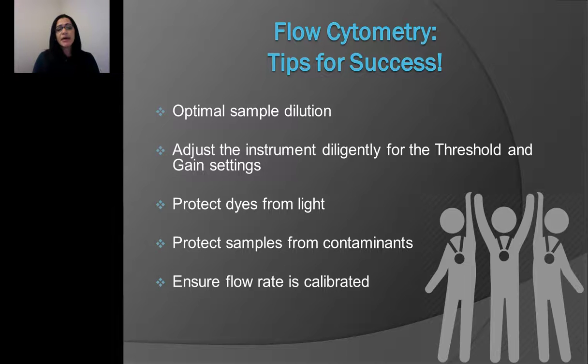So we learned that, and we also learned that threshold and gain settings were super, super important because these cells are super small, and at the beginning we had a hard time figuring out what was the best threshold for these types of cells, and also how to not confuse the cell population with any other noise detected by the instrument.